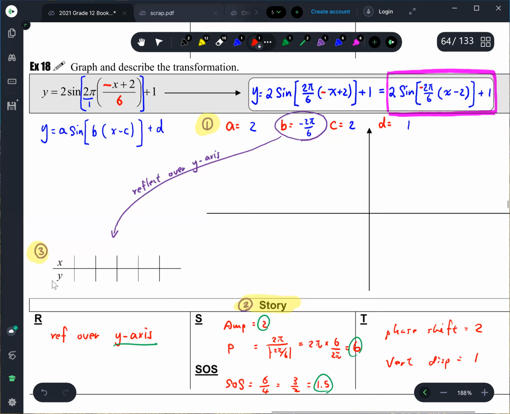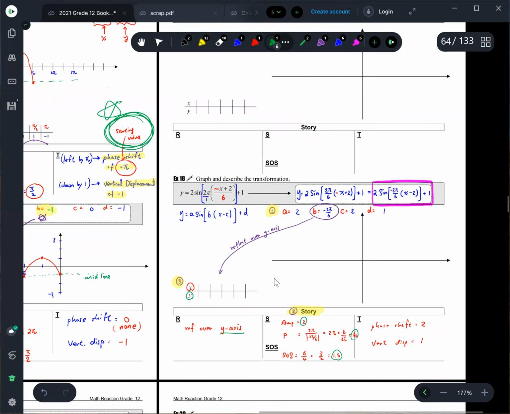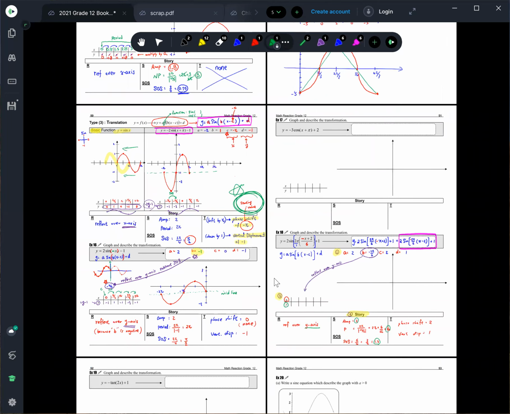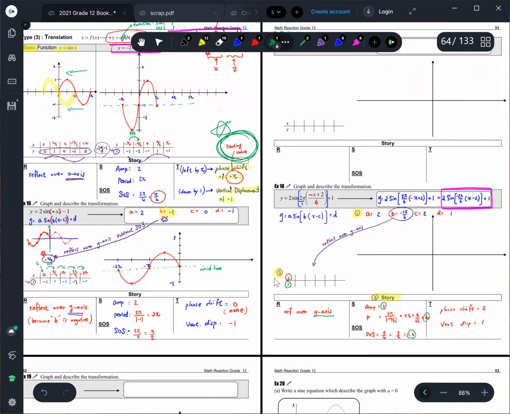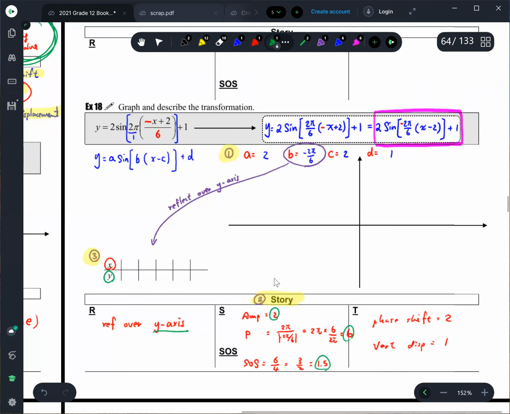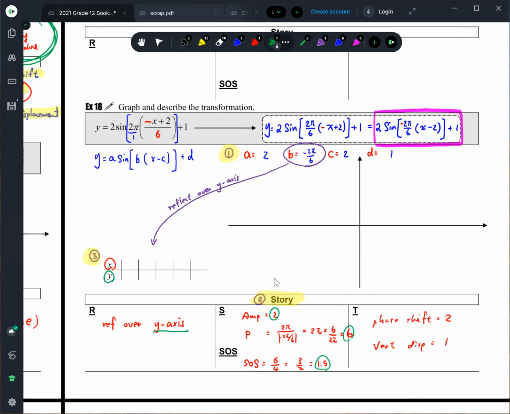So once again, raise your hand if you got the points. So look at how you got the table for question 16. Different rules for x and different rules for y. The ways to find the points are different.